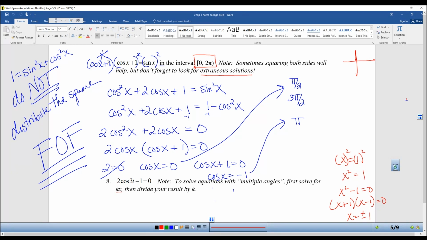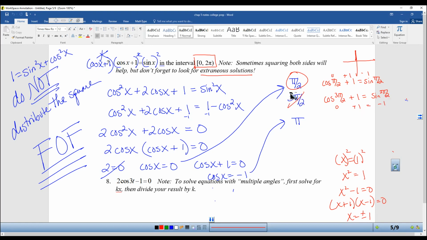So if you actually go back and check, cosine of pi halves plus 1 is equal to sine of pi halves. This is 0 plus 1 is equal to 1. This answer is good. Cosine of 3 pi halves plus 1 is equal to sine of 3 pi halves. This is 0 plus 1 is negative 1.